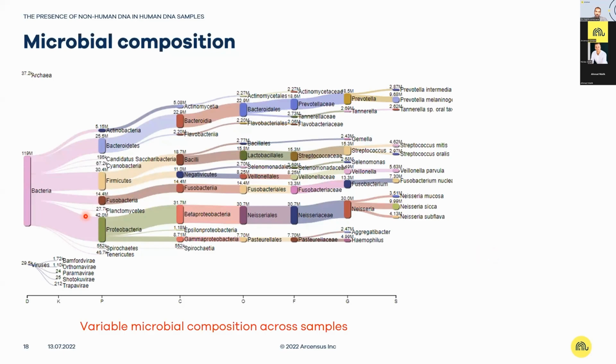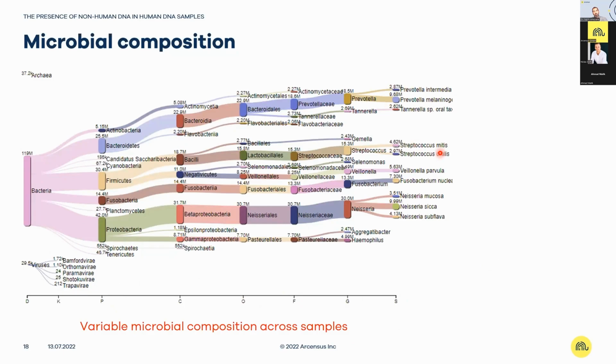Once we start doing the analysis, you can identify that the majority of reads in this particular sample belong to bacteria, and then you start to branch out based on the phylum of the bacteria, the class, the order, the family, the genus, all the way down to the species. And then you can identify very specifically which type of bacteria is present.